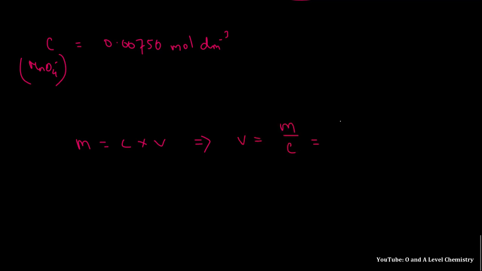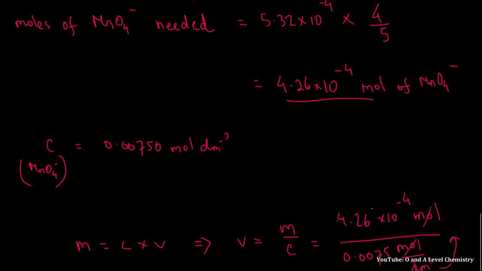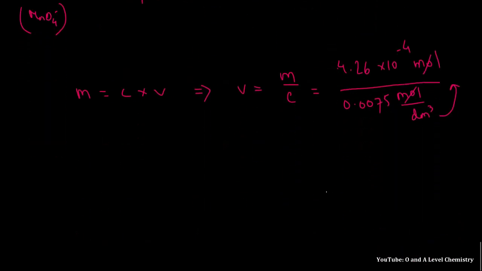The mole was 4.26 times 10 to the power minus 4 mole divided by 0.00750 mole per dm cube. The moles are going to cancel out.